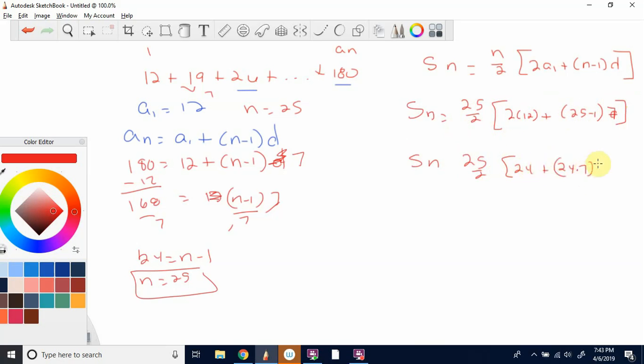Don't forget order of operations. And we get 25 over 2 times 192 over 1. So S of n equals 2400. I could find all these in between and add them all up, but that's a lot of work. It's much easier to use formulas and plug in what we have. All right, pause the video and do the 2 guided practice 4A and 4B, and then we're going to move on to the next example.